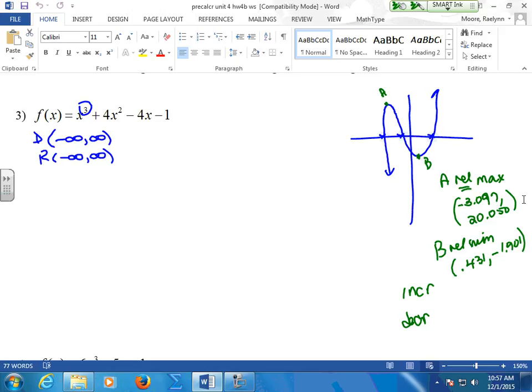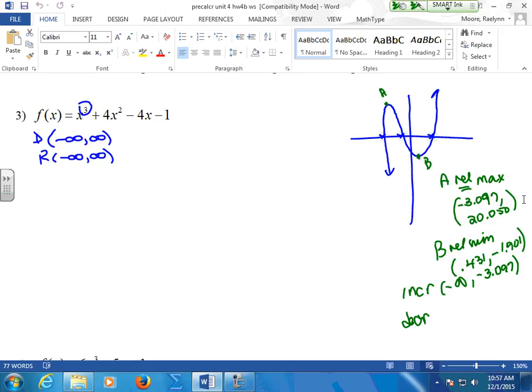So my increasing, decreasing says, I come from the left to the right. My y is increasing as x increases till it hits that x value. So I'm increasing from negative infinity to what value? Negative 3.097. Then what is my function doing between a and b?